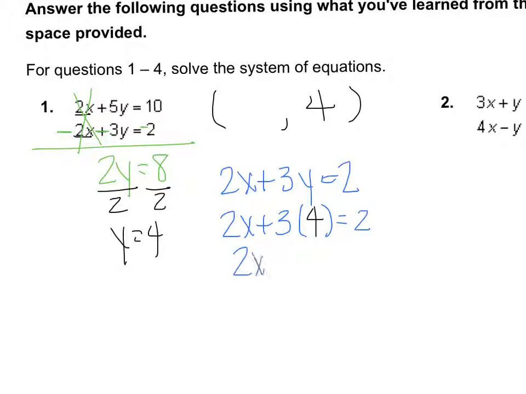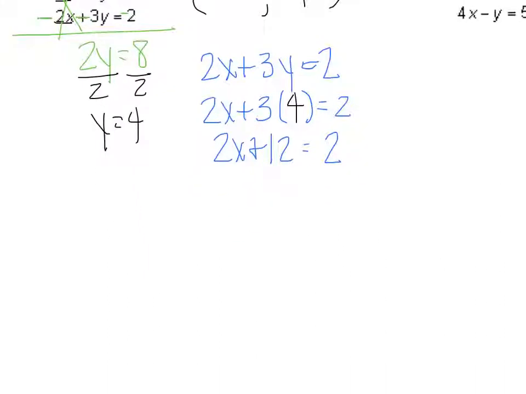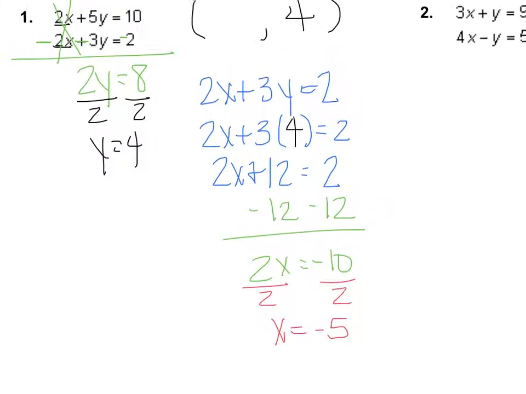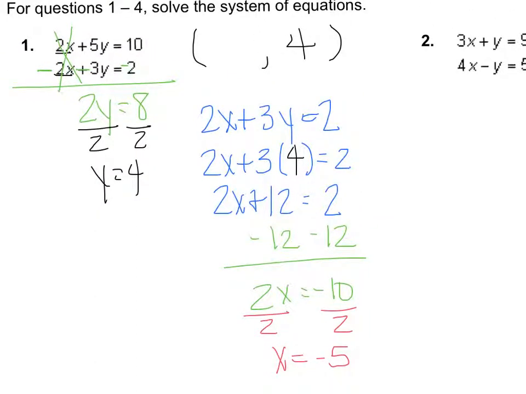So I get 2x plus 12 equals 2. And then I need to subtract 12 from both sides. So 2x equals negative 10. And lastly, divide both sides by 2, and I get that x equals negative 5. So the second half of my answer, my x value, is negative 5. So the solution to this system is the ordered pair negative 5, 4.